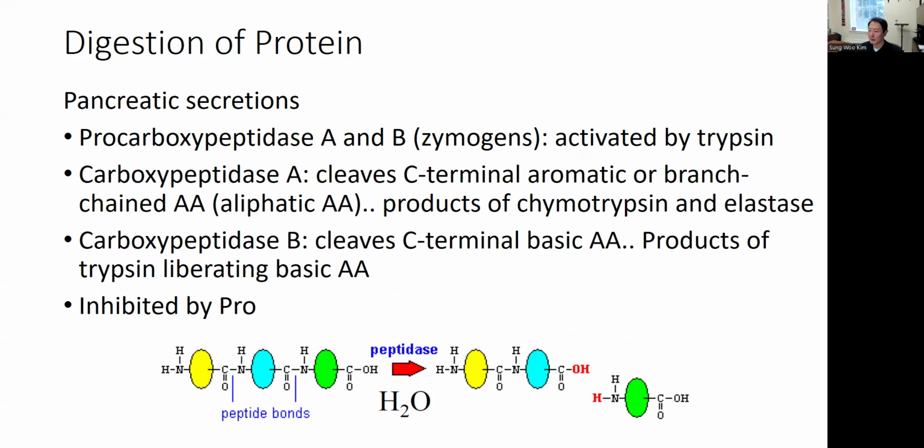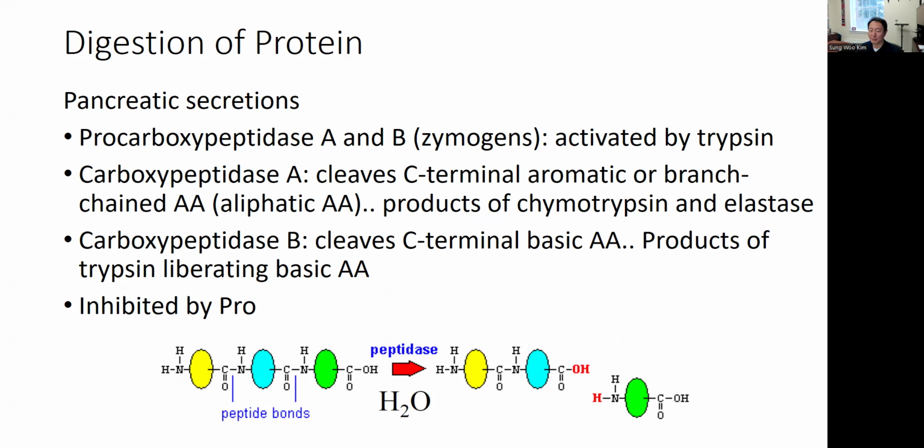So chymotrypsin will cause the small peptide to have these aromatic amino acids on their carboxyl end or C-terminal. Whereas the elastase will cause the production of smaller peptides with aliphatic amino acid on their carboxyl end or C-terminal. Okay?